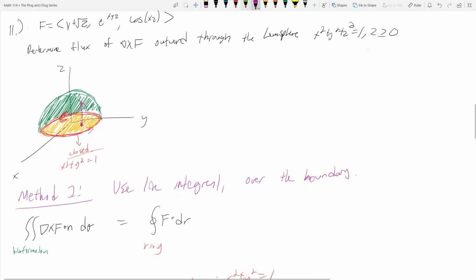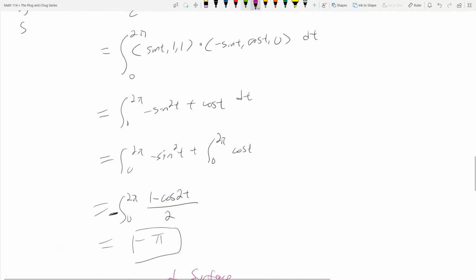When we were asked to find an implicit integral, or the implicit surface area, we had to find what P is, right? P was the normal vector. And I said repeatedly that if you're in the xy plane, then P is going to be 0, 0, 1, right? So since this disk is pretty clearly in the xy plane, then my normal is going to be 0, 0, 1, okay?